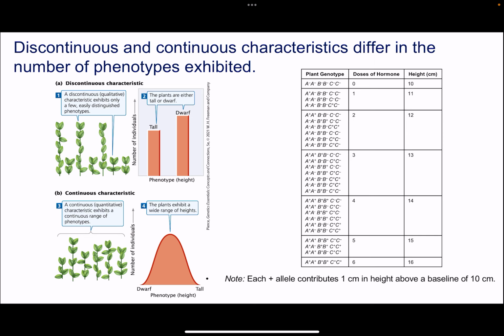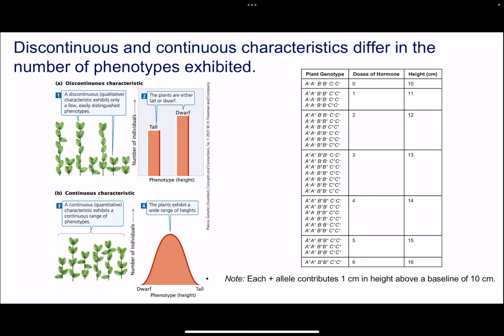If we look at this example with these plants, we've got tall plants and we've got short plants. We really don't have anything in between. We might have a third one that's maybe a medium height or even a couple more, but they are very distinguishable. You can put them into very distinct categories.